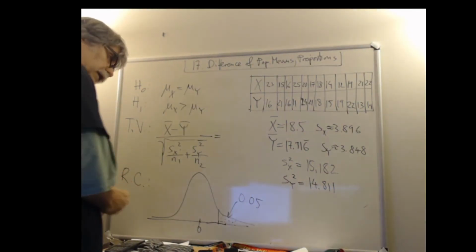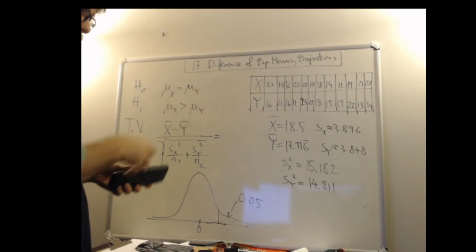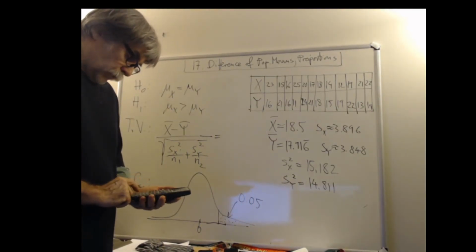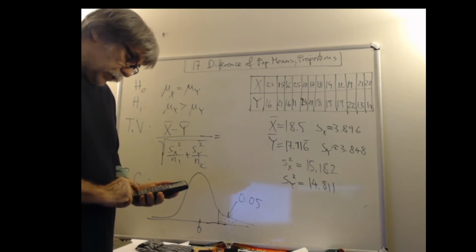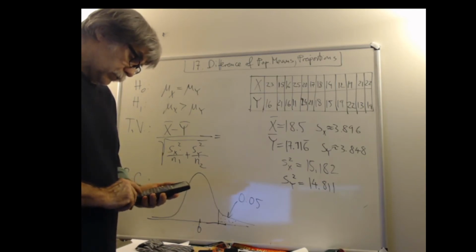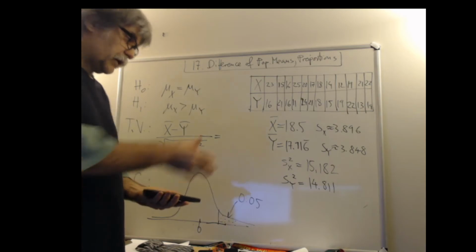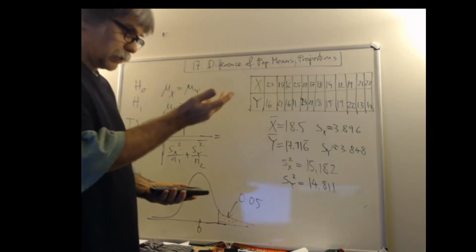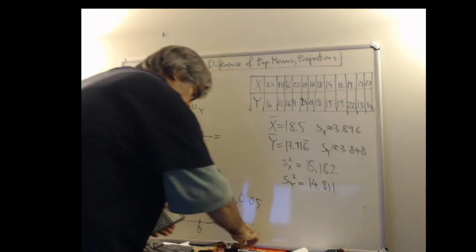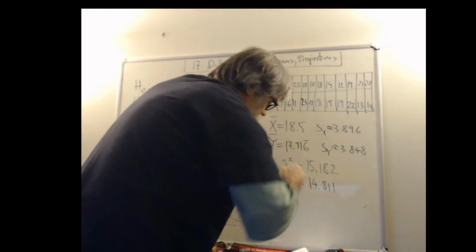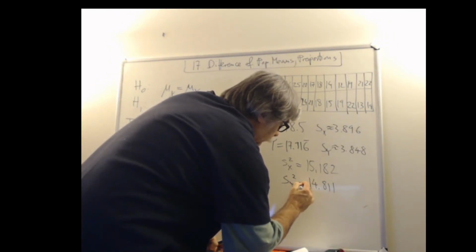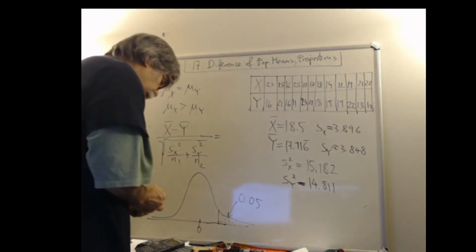Now if you divide these two numbers, you'll see how different they are. You can say the variance in the first group is 15, and the variance in the second group is 15. It isn't really exactly 15, so I'm putting in an approximation here.